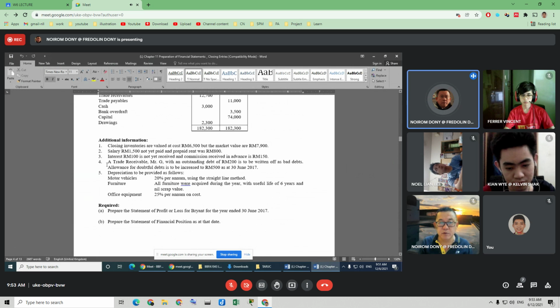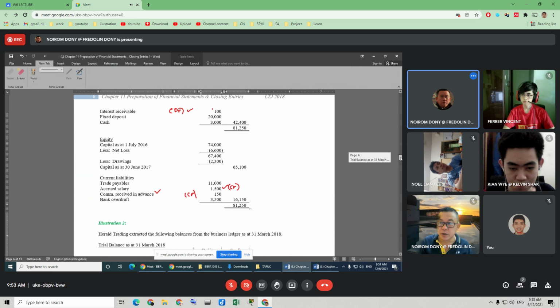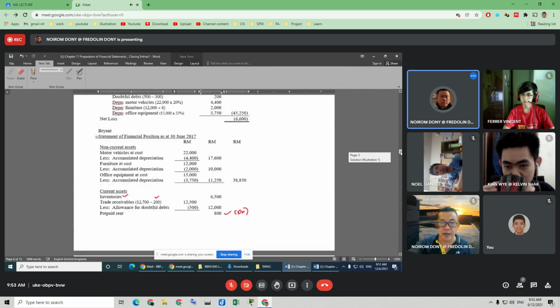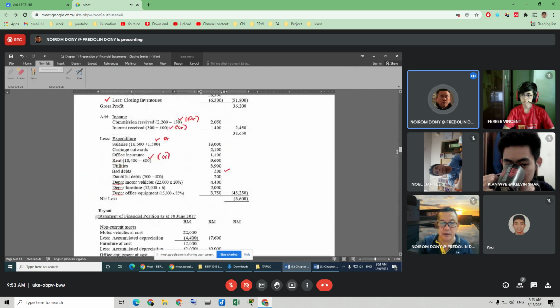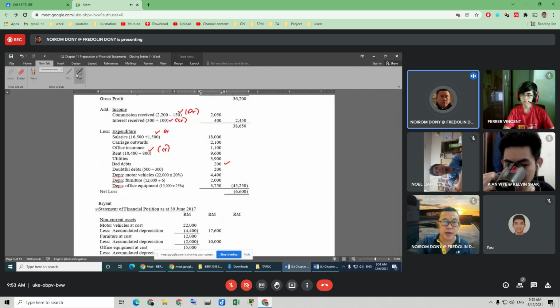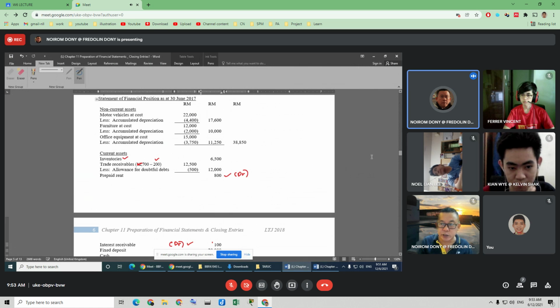Now, number 4, a trade receivable, outstanding debt 200 to be written off. Okay, look at the entry. When I provide in SPL as bad debts, because we don't have the bad debts in the trial balance, isn't it? When I provide this bad debts, that is actually debiting.